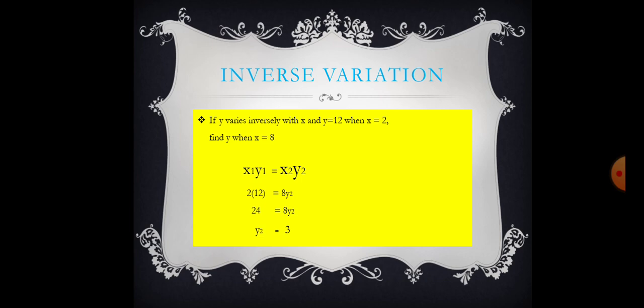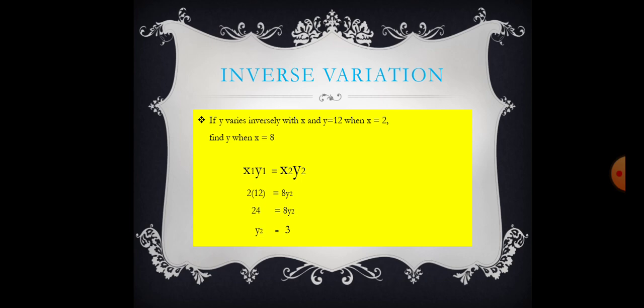Now we have to find the value of y2 if x2 is 8. So 2 twelves are 24, equals 8 y2. Now 8 is transposed to the RHS, it will be divided: 24 divided by 8, 8 threes are 24. So we get y2 equals 3.